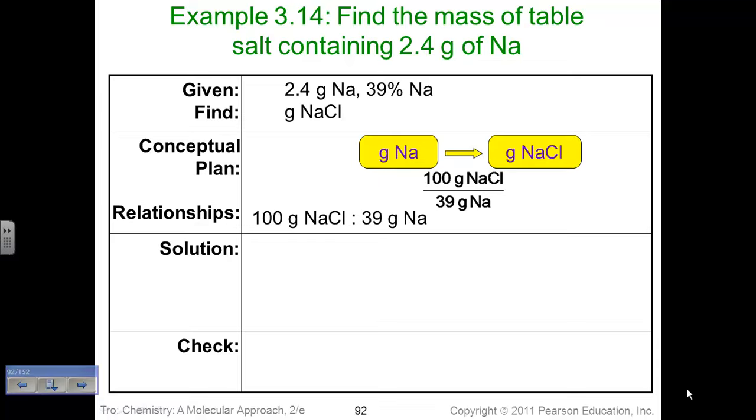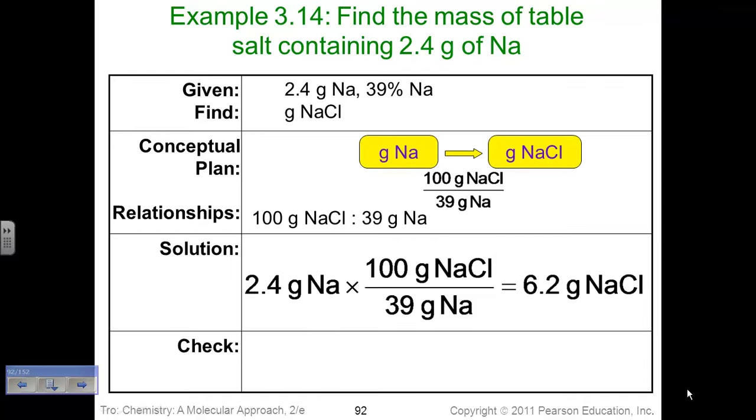Well, we can simply think about converting units. Given, and here's the given, 2.4 grams of Na. We want grams of Na to cancel, and we want NaCl grams. Think about just a simple dimensional analysis, and that's just fancy for saying units cancel. What do you want over what you are given?